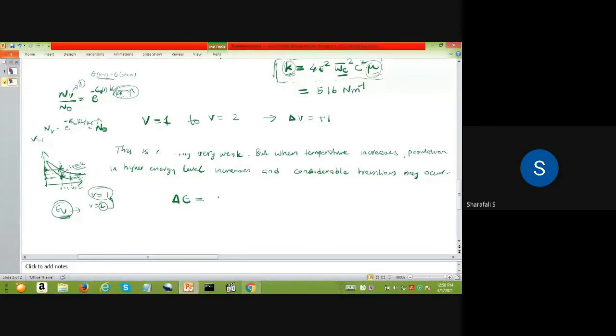Then we get delta E equal to omega E bar into 1 minus 4x, this much in centimeter inverse.